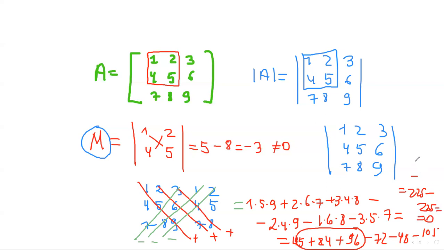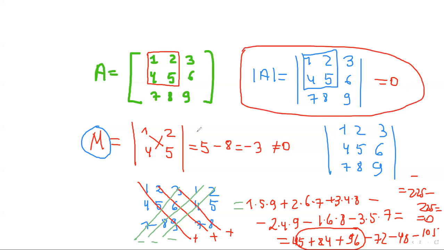What does it mean? This determinant is equal to 0. So the determinant which covers our small minor is equal to 0. What does it tell us?